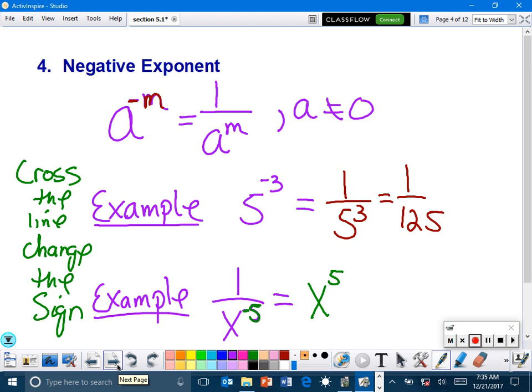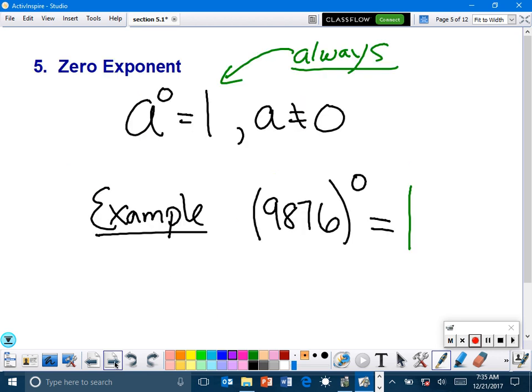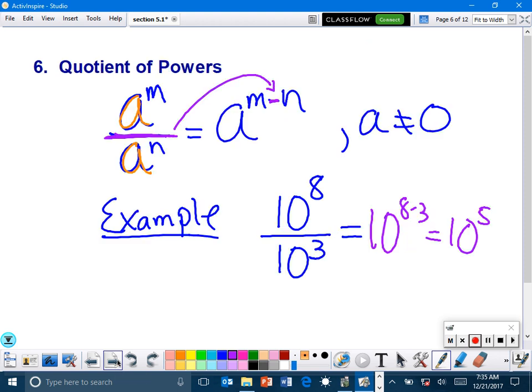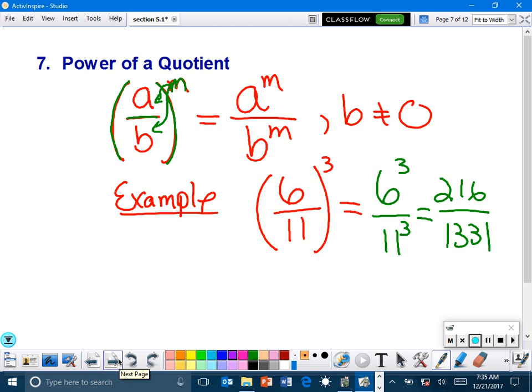Cross the line, change the sign. Zero exponent. Everything always equals 1. Quotient of a power. That's where we have the same base in the numerator and denominator, and we subtract the exponents. Power of a quotient.